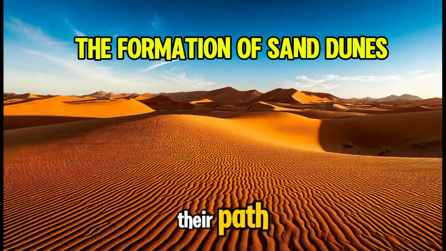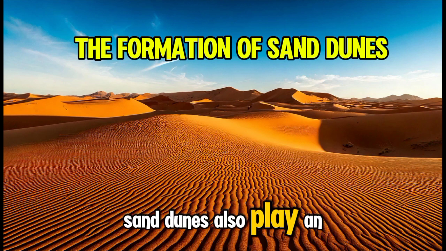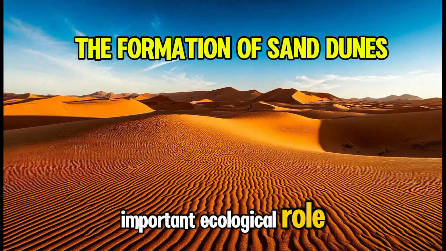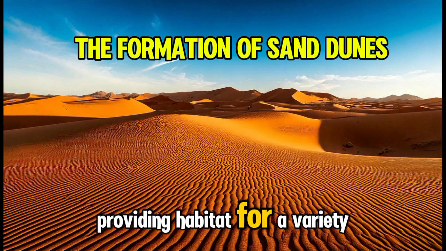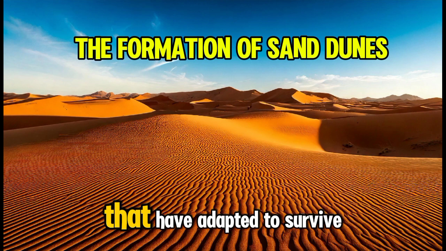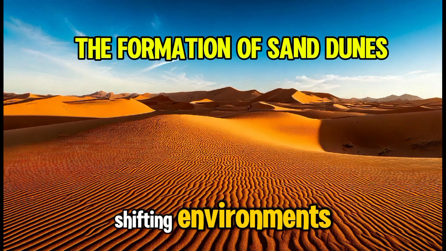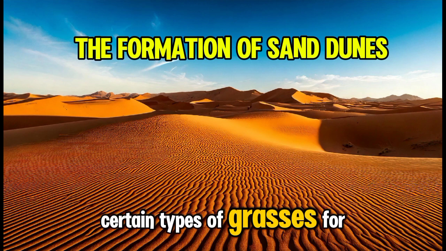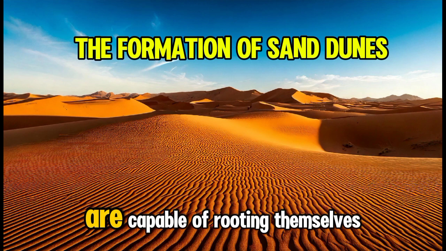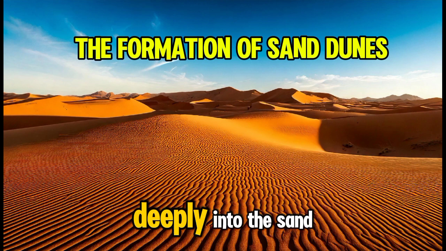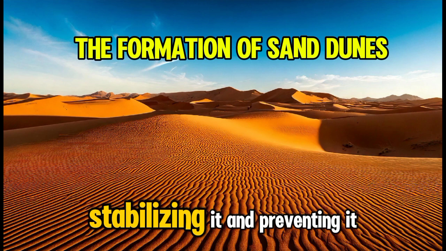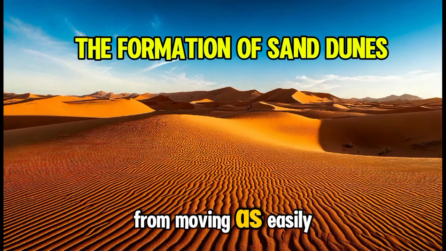and transforming the landscape in their path. Sand dunes also play an important ecological role, providing habitat for a variety of plants and animals that have adapted to survive in these harsh, shifting environments. Certain types of grasses, for example, are capable of rooting themselves deeply into the sand, stabilizing it and preventing it from moving as easily.